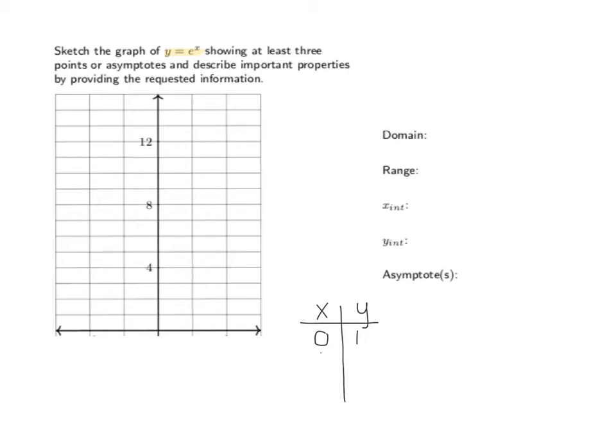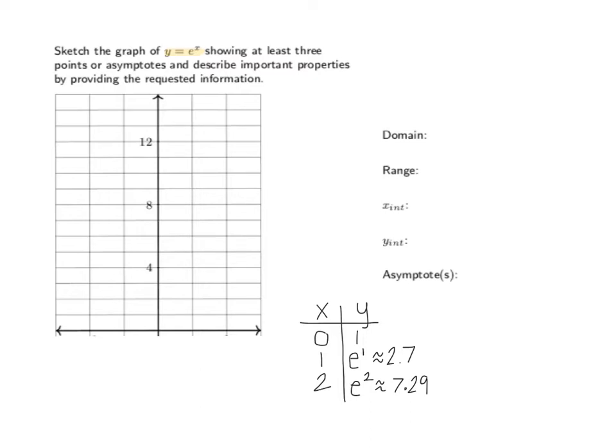If I plug in 1, y would equal e to the first. Well, e to the first we know is about 2.7. If I input 2, y equals e squared. Squaring 2.7, you get about 7.29.